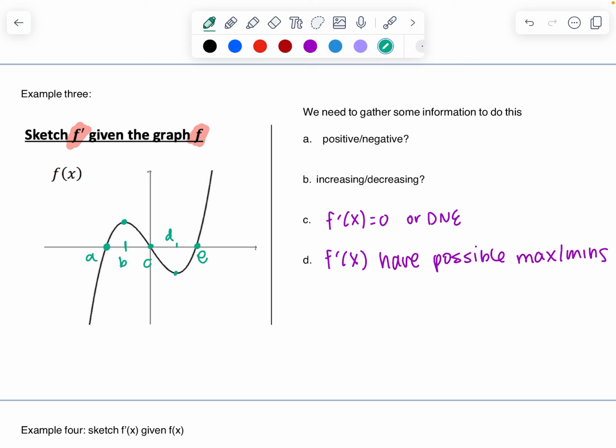If this is the original function, the derivative is positive whenever this original function is increasing. I'm going to add one more point here, I'm going to call this F. It's increasing over this section, from F to B, okay? So it's positive from F to B, and I'm just going to stop here.